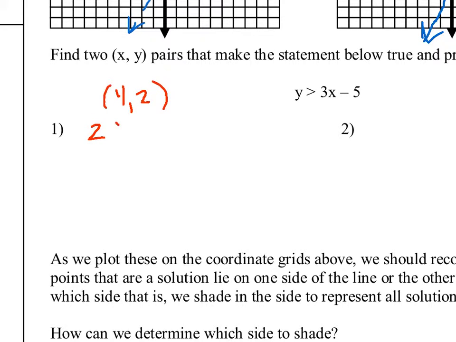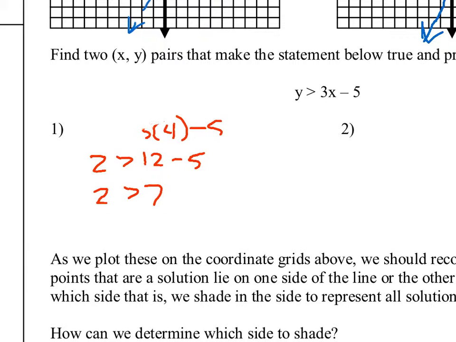And I'm going to get 2 is greater than 3x times 4 minus 5. 2 is greater than 12 minus 5. 2 is greater than 7. Is 2 greater than 7? Keep yes or keep no. Is 2 greater than 7? No. So I'm actually going to have to erase this. And I'm going to have to choose another point.